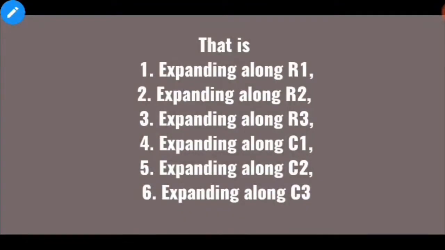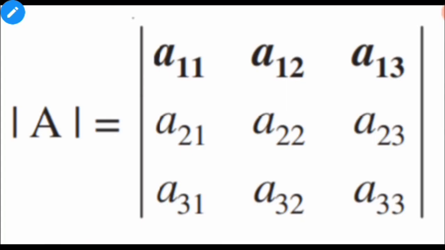In each case, the value of the determinant will be same. If we expand along R1 or R2 or R3 or C1 or C2 or C3, the value of the determinant will be same. Now, we are going to find the value of a determinant by expanding along R1.